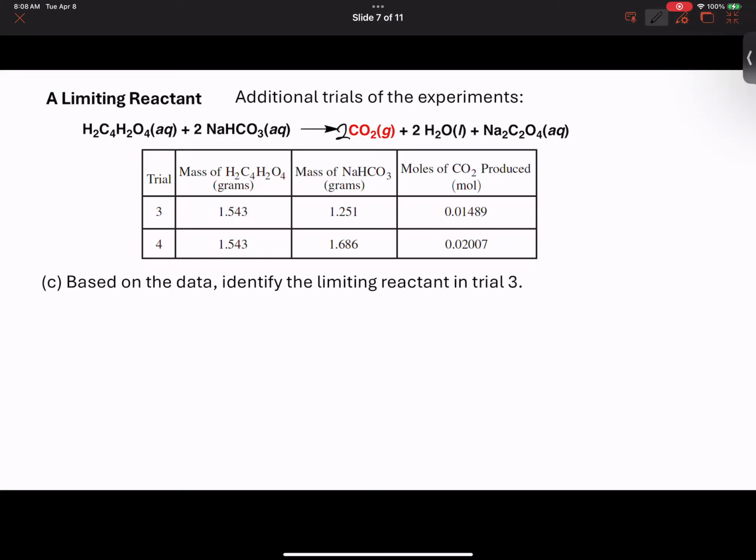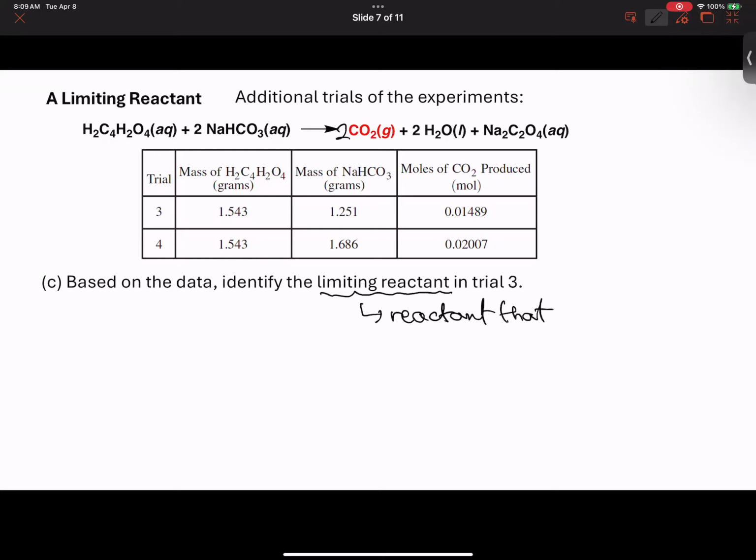Then it's asking, based upon the data, identify the limiting reactant in trial 3. Okay, so let's analyze the reaction data. First, let's start from the definition of a limiting reactant. The limiting reactant is the reactant that runs out first.